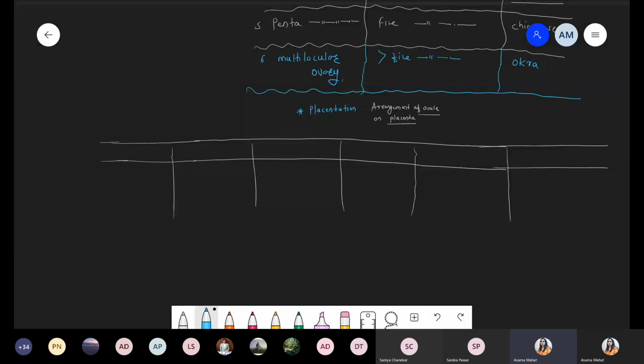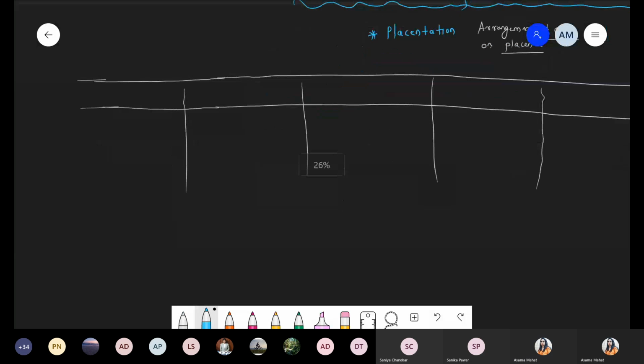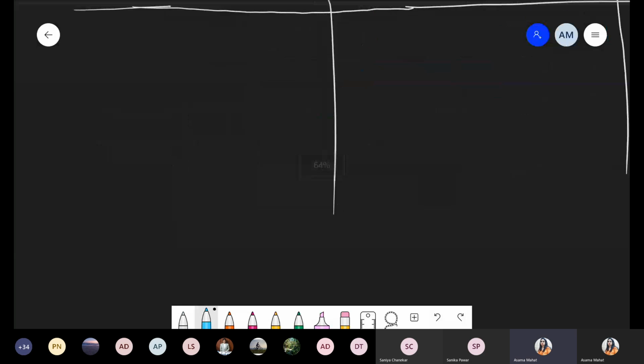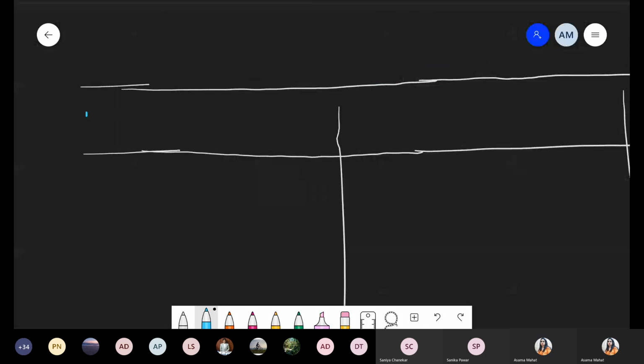First of all, I am giving the names one by one. Number 1 in the first column is marginal placentation. Number 2 is parietal placentation.